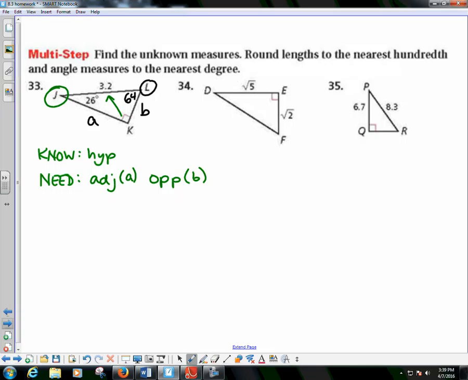And I can only work on one thing at a time, so I'm going to work on the hypotenuse and the adjacent, and we will keep in mind that we are using the trig functions SOHCAHTOA. So which one of my trig functions uses hypotenuse and adjacent? Well, that's going to be cosine.